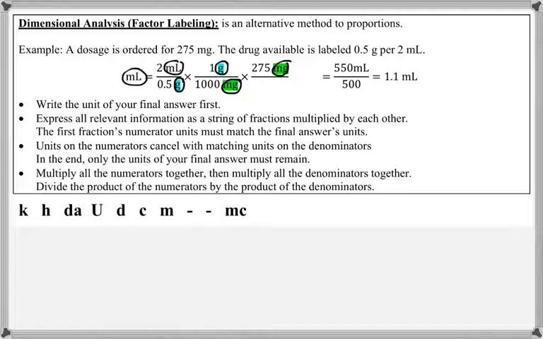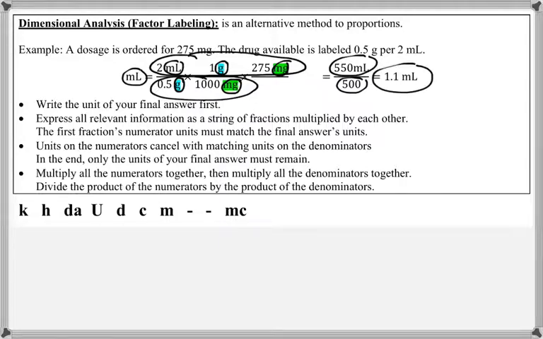So then we want to multiply all the numerators together and multiply all the denominators together. So multiply all the numerators to get that, multiply all the denominators to get that, and then you want to divide the product of the numerators by the product of the denominators to get your final answer. So that is essentially dimensional analysis, and we're going to be using it in this chapter.